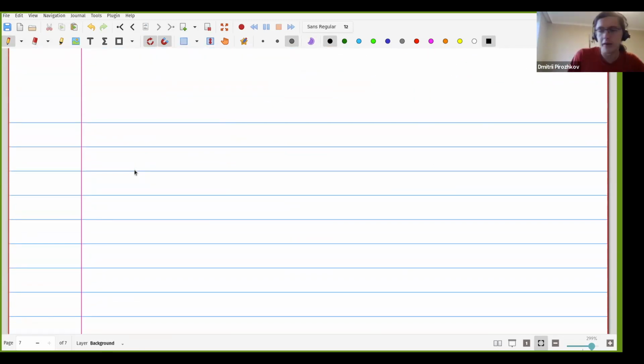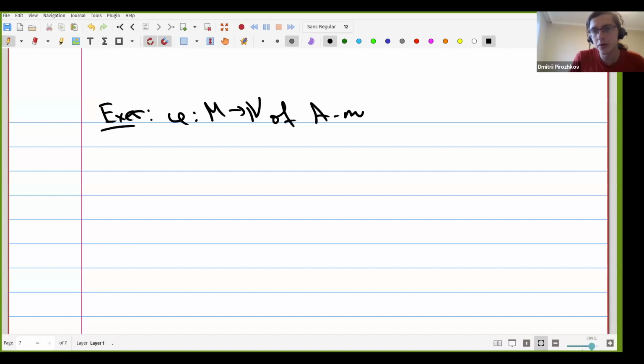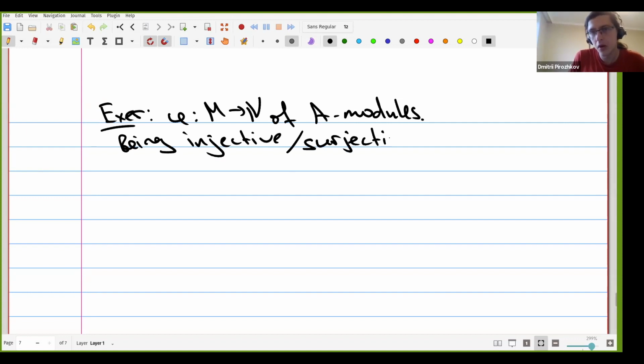And just as an exercise, let's say I have a map from M to N of A modules. Then being injective or surjective is a local property.